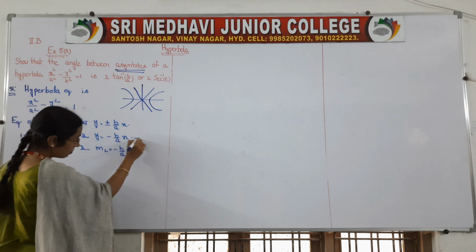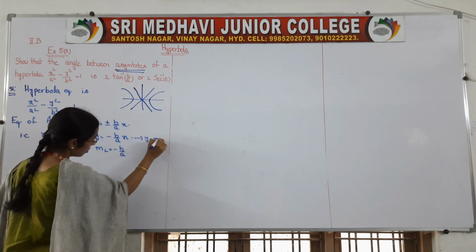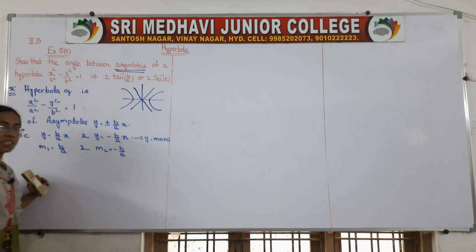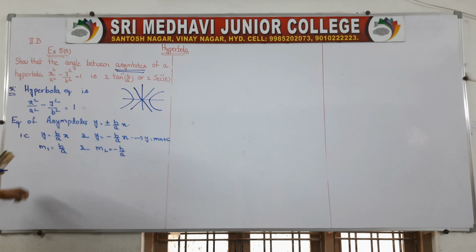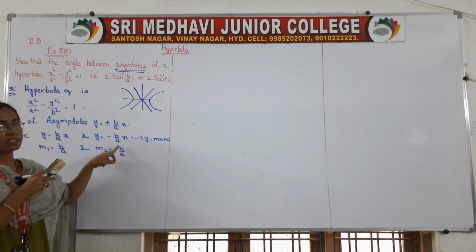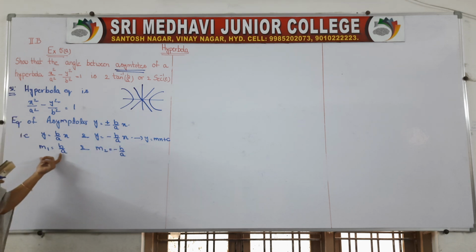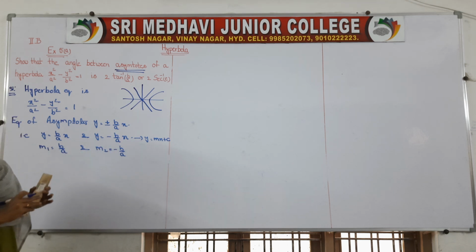Both are of the form y is equal to mx plus c, c is 0 for both, and in the m place one line is having b by a, another line is having minus b by a. To make the difference we have taken m1 and m2.